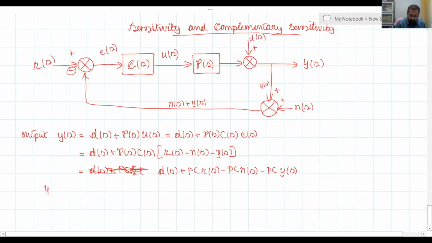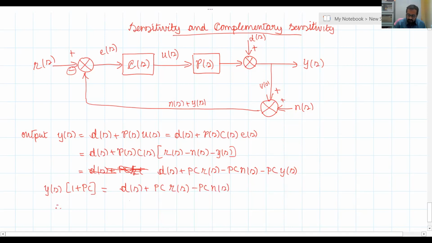So what will you get? Y of S into 1 plus PC equals D of S plus PC into R of S minus PC into N of S.